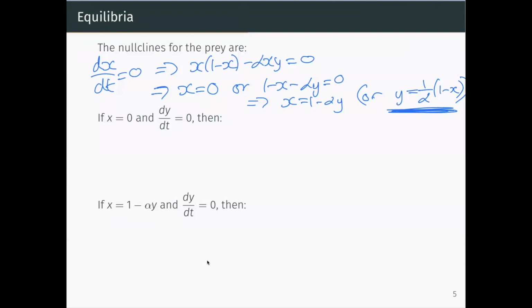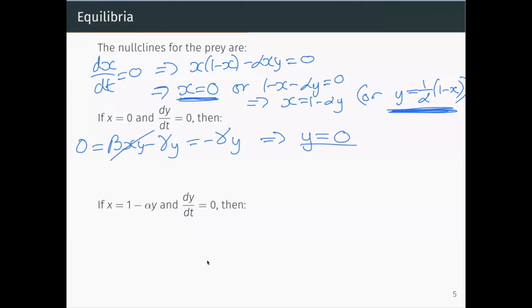Okay, let's think about this first null line then. If x is equal to 0 and dy/dt is equal to 0, so we're finding our equilibria that are along this null line when x is equal to 0. Well, if we set dy/dt equal to 0, then we're going to have 0 equal to beta xy minus gamma y, and we're told that x is equal to 0, so this first term is going to go to 0. So this is minus gamma y, which can only equal 0 when y is equal to 0.